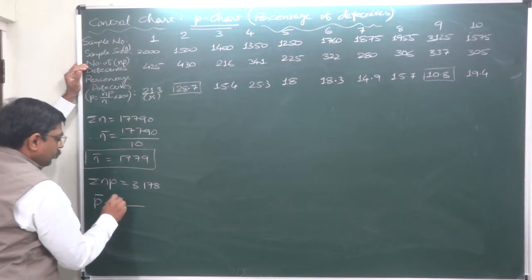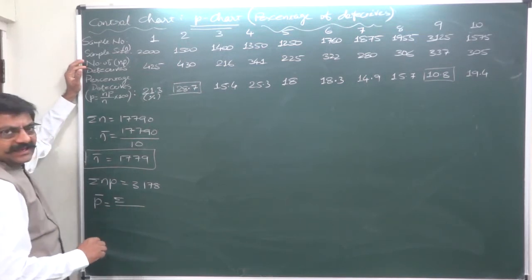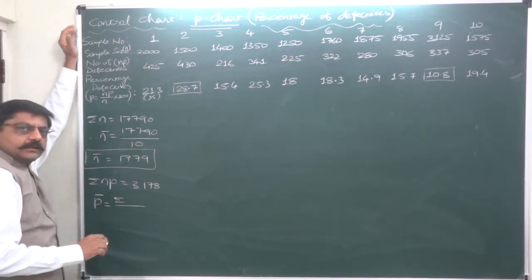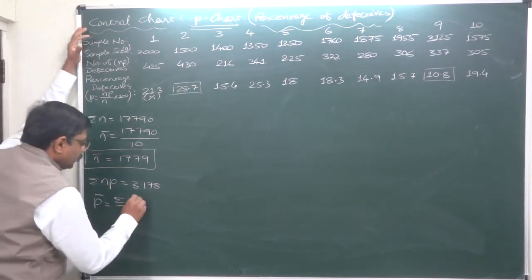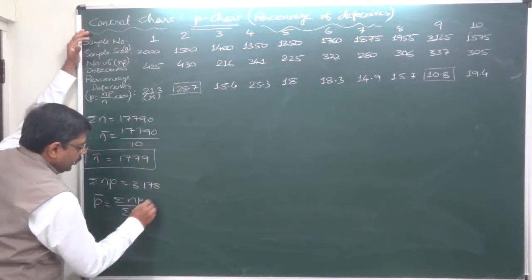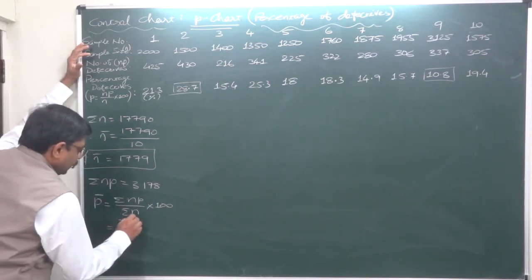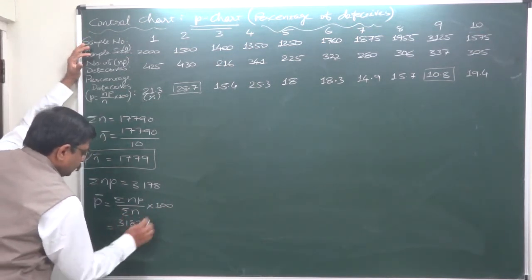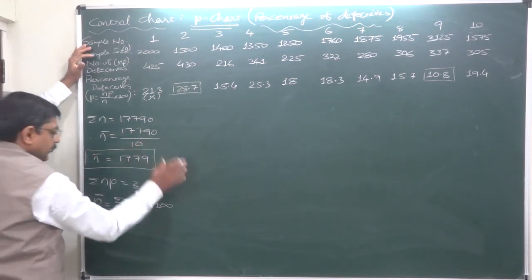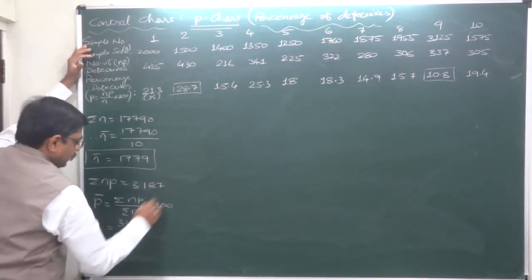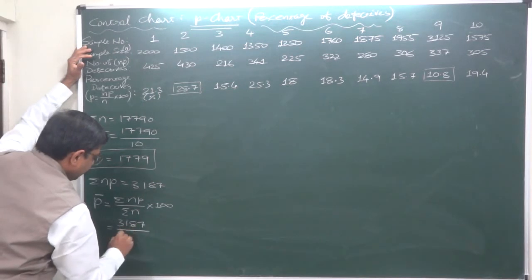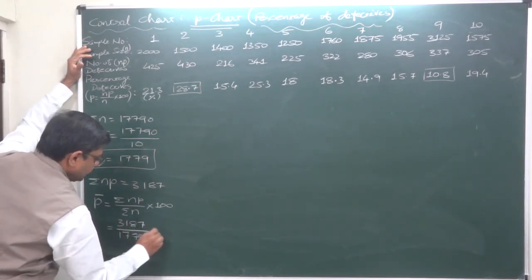Now we have sigma n and sigma np, so we can calculate P bar. But we are going to construct a percentage defective chart, so we have to take P bar as percentage. Sigma NP upon sigma n, whole into 100, will give us the percentage. 3187, sorry, 3187, it is 87, not 78, divided by 17,790 into 100.